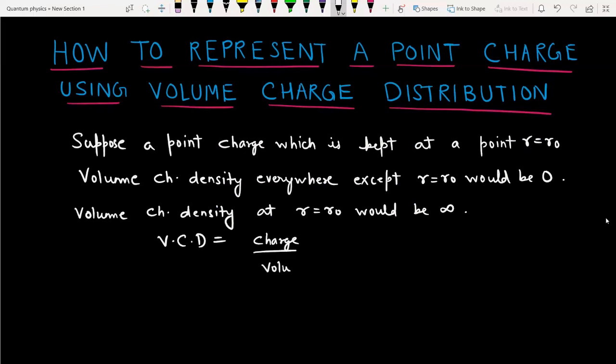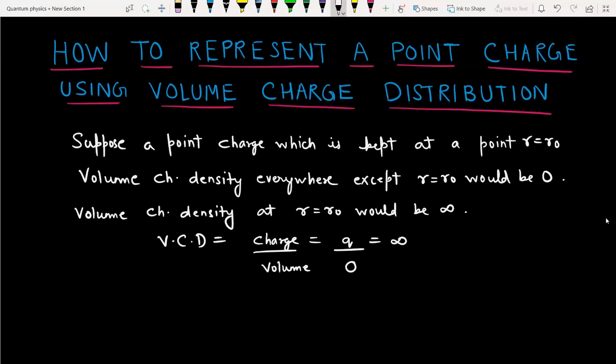The charge kept at the point r is equal to r naught is q. But what is the volume of a point? Since the charge is kept only at a single point, mathematically speaking, a point has 0 volume. So the volume charge density would obviously be infinity.